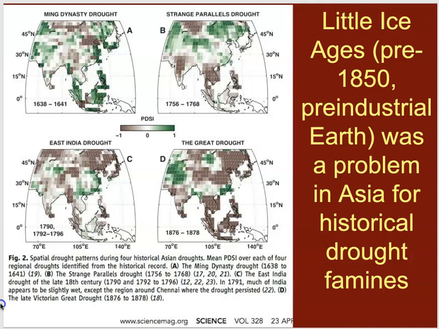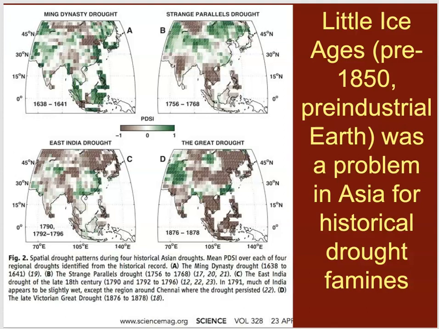This is other research examining the same question, during the latter end of the Holocene, close to the present: what's the relationship between warm Earth and cold Earths and droughts?